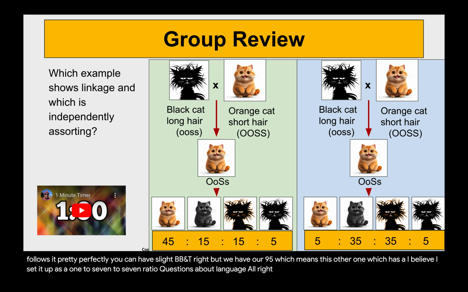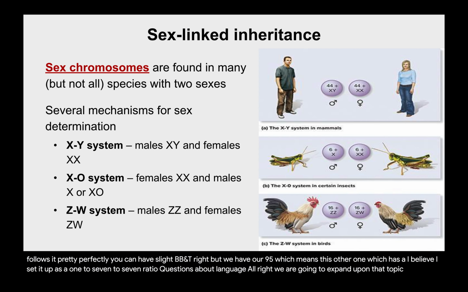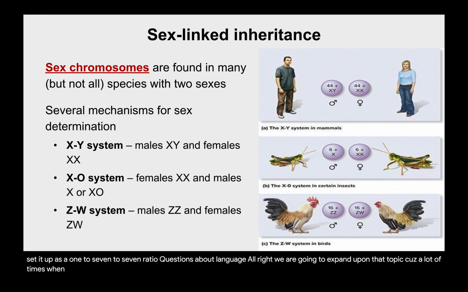All right, we are going to expand upon that topic because a lot of times linkage is found in our sex chromosomes. So sex chromosomes are found in many species, but not all species have sex chromosomes.